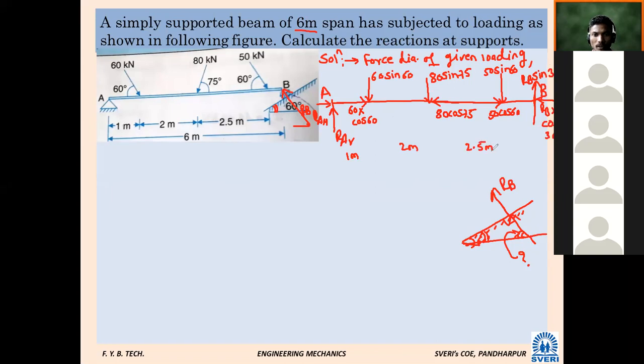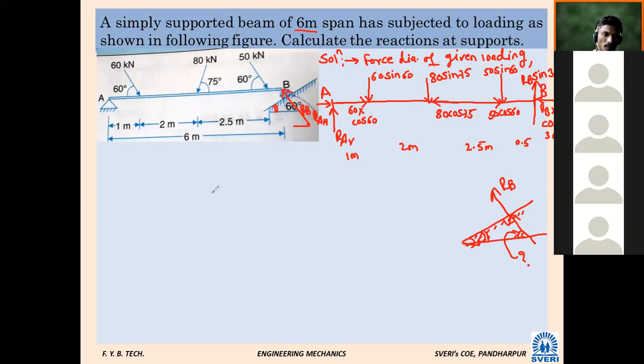And the last one is how much? How much distance will come between the 50 kilonewton force and point B? 0.5, because the total span is given: 6 minus 1 minus 2 minus 2.5 is 0.5.